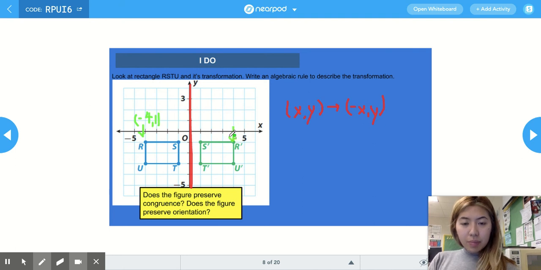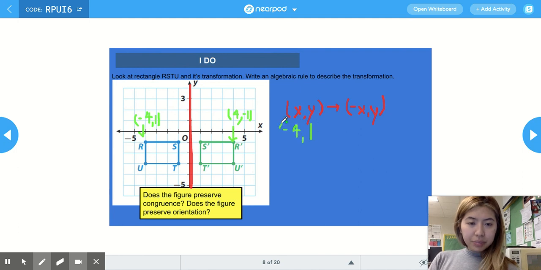And then reflected R's point is +4, -1. So using this rule, our original pre-image point was -4, -1. Then after its reflection across the y-axis, it becomes +4.